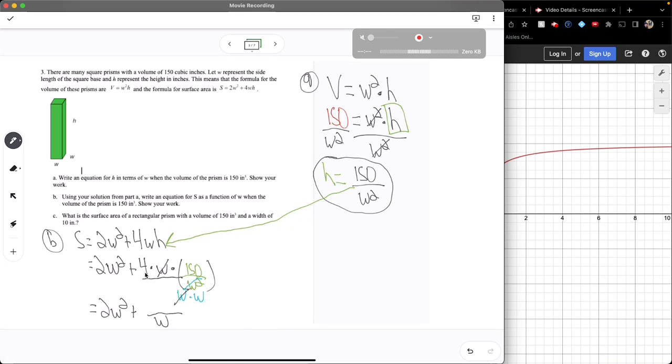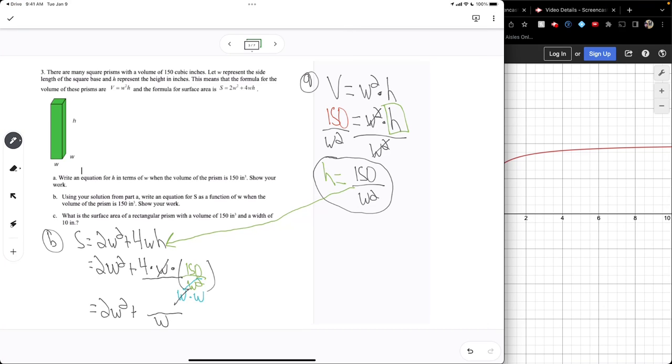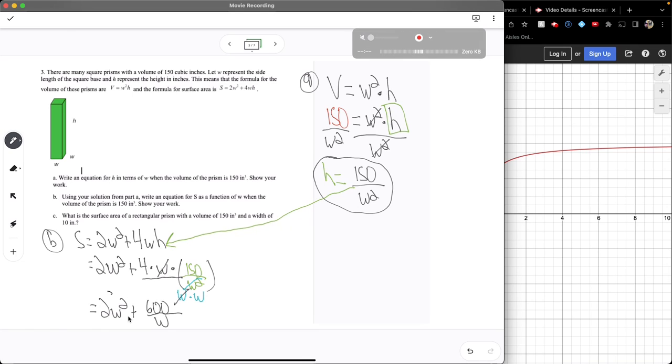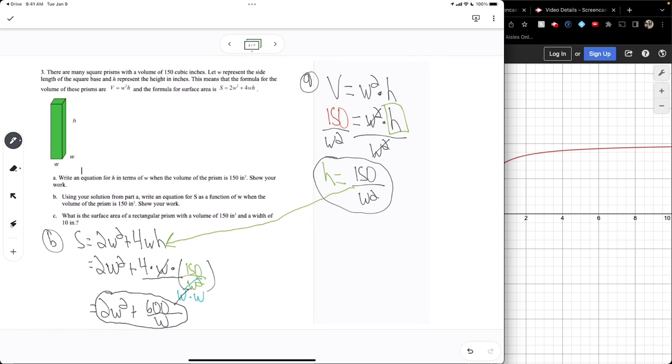In the numerator, it leaves me with 4 times 150. So 4 times 150 is going to be 600. If I put that all together, I end up with 2W squared plus 600 over W. You will do something very similar with this exact same formula on the test. It'll just be a different volume.